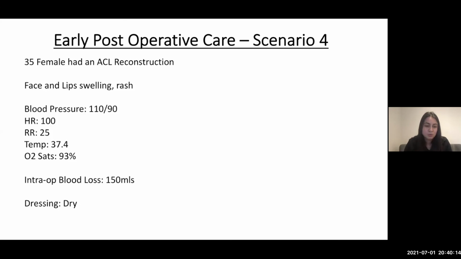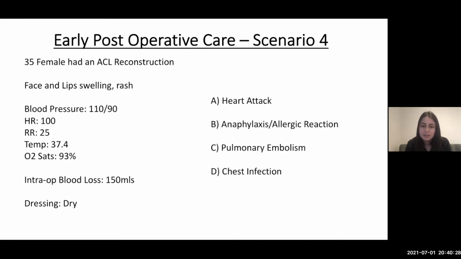The temperature is normal at 37.4. And the O2 sats are 93%, slightly low for her. The intraop blood loss is 150 mils, which is completely fine for an ACL reconstruction, and her dressing is dry. So is she having a heart attack, having anaphylaxis or an allergic reaction, a pulmonary embolism, or a chest infection?